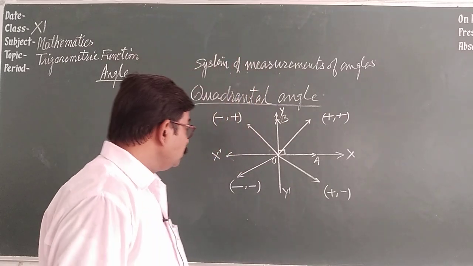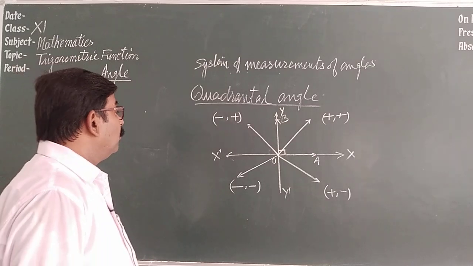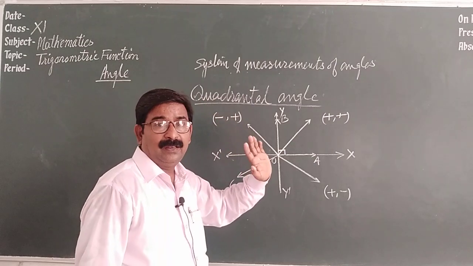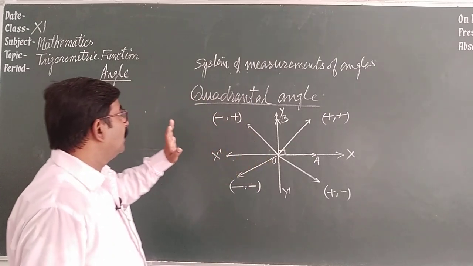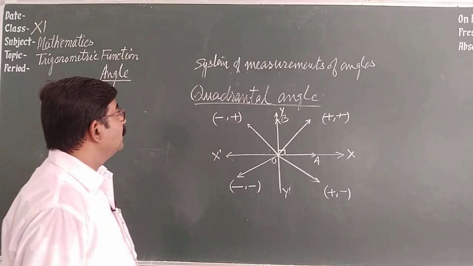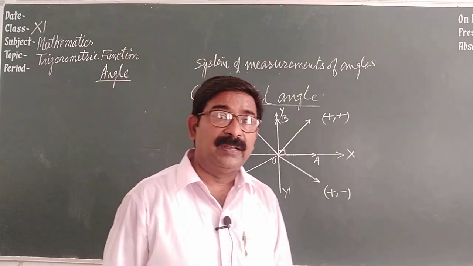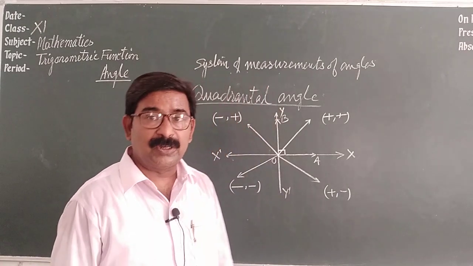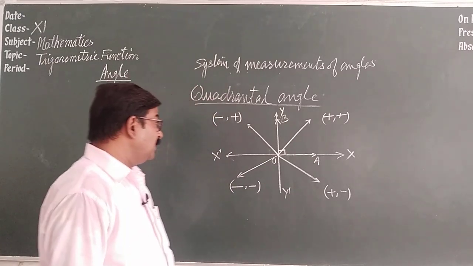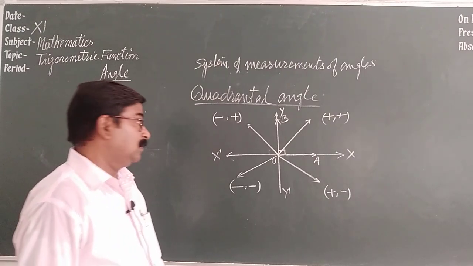So in this lecture we are concluding about the angle and how to measure the angle. Angles are measured in three systems I told: English system or sexagesimal system of measurement, French system of measurement, and one more, what was that? That is radian.